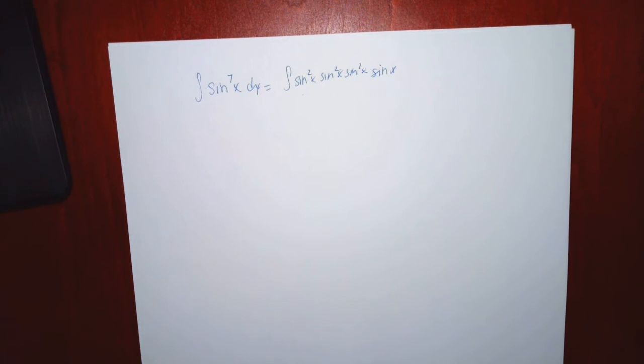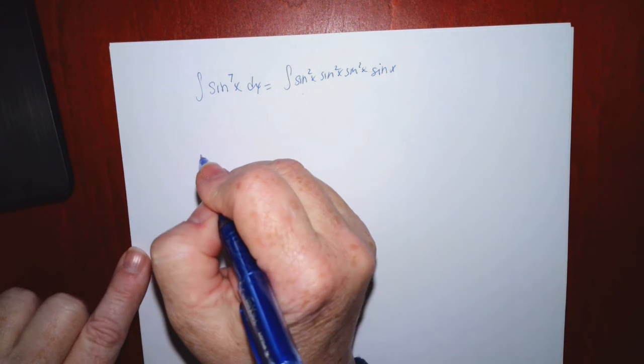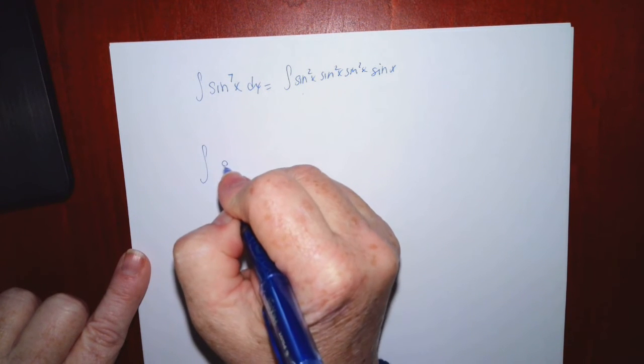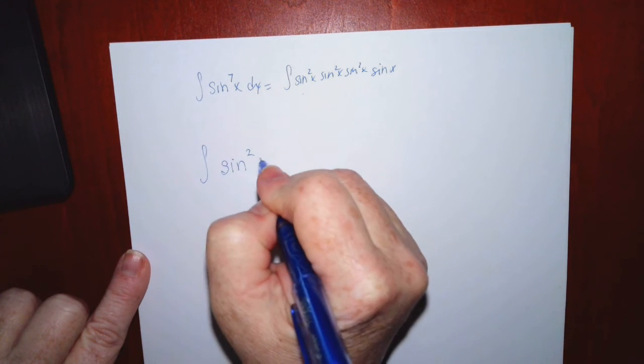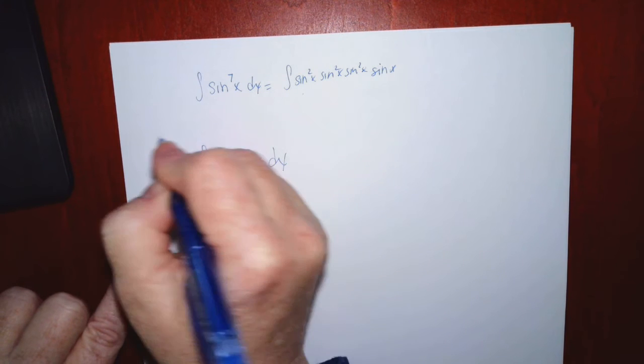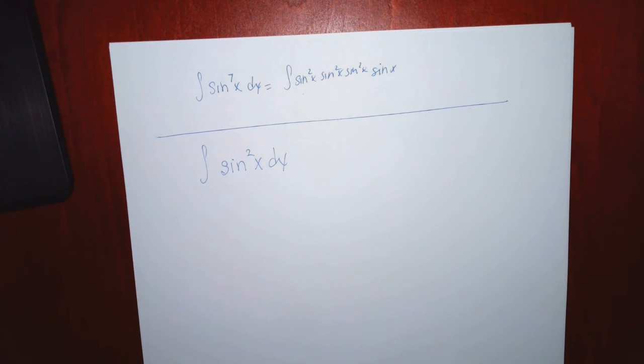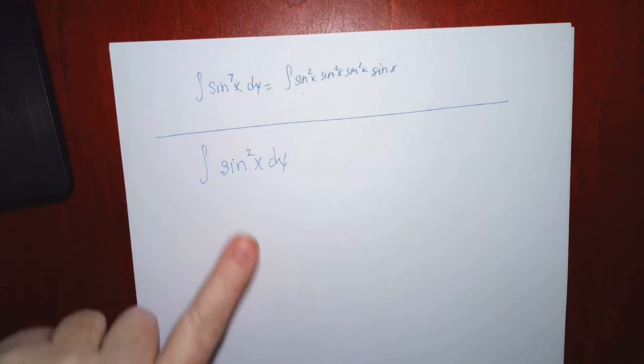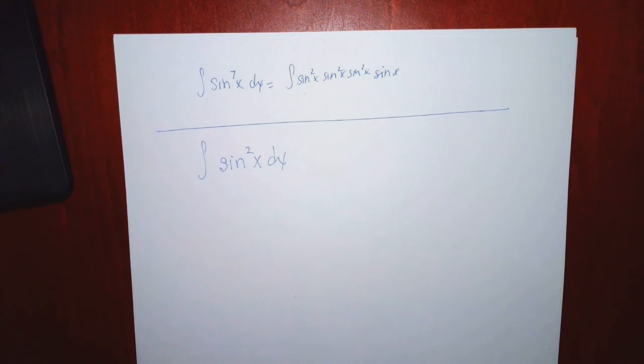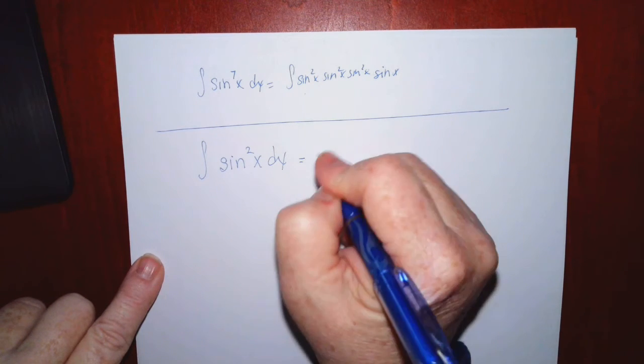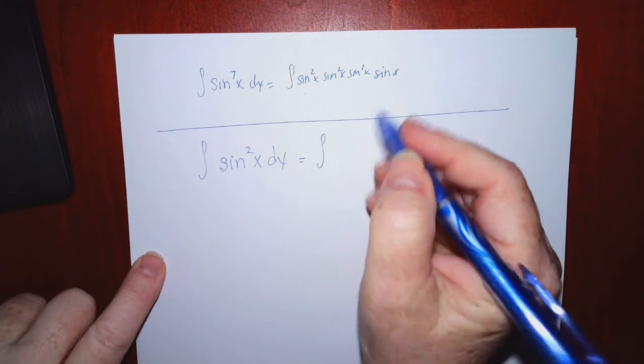Now, what happens if you don't have an odd power? We've done this one before. Back in section 5.5, they gave us an option. When you have only even powers of sine or cosine, that's when you use the half angle formula.